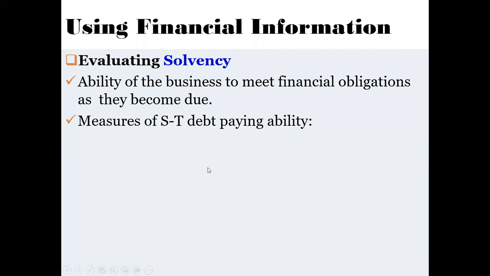The one relating to the short term is short-term debt paying ability. Two things. The first one is what we call the working capital. Remember, I mentioned this already. The working capital of the business is the difference between its current assets and current liabilities.